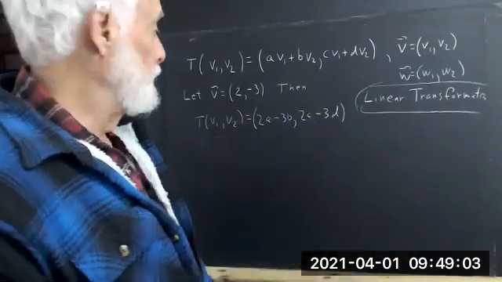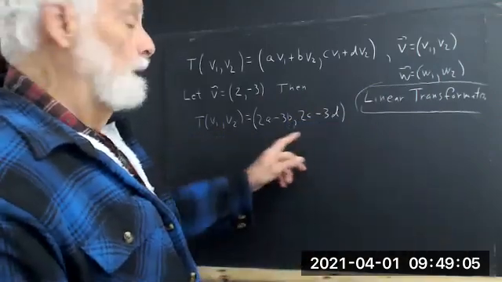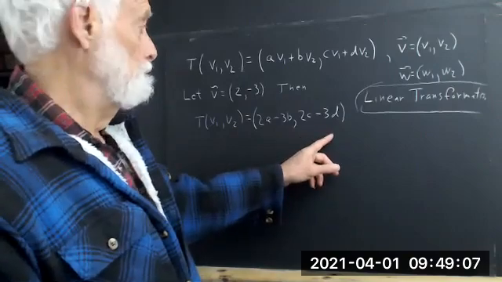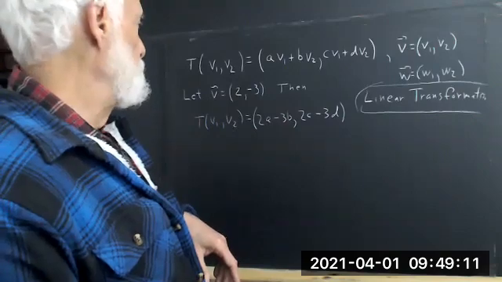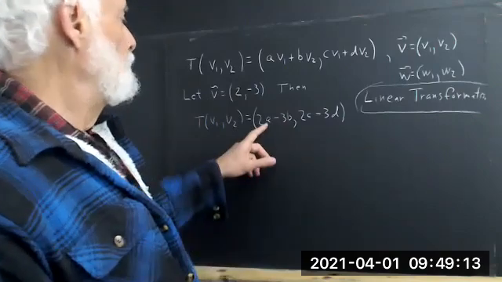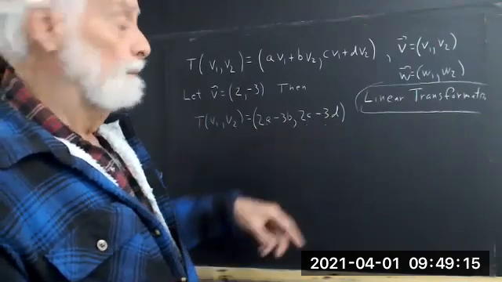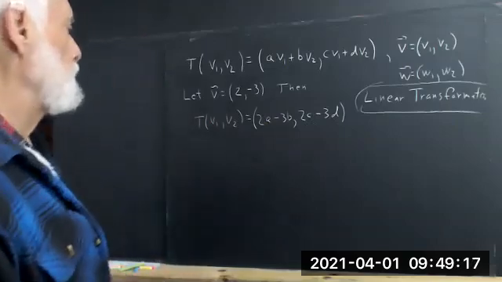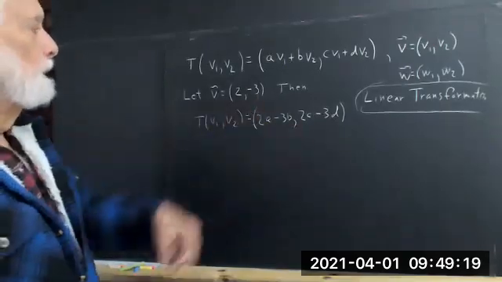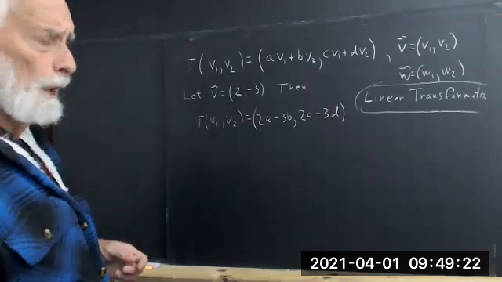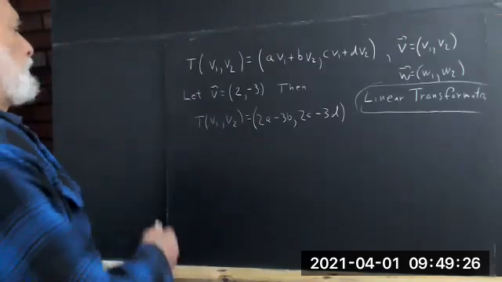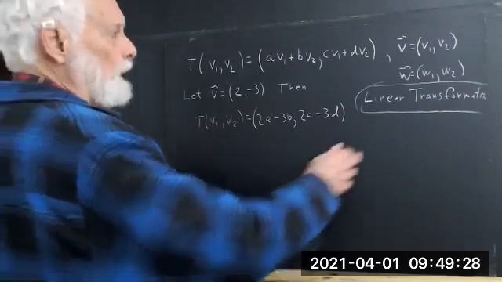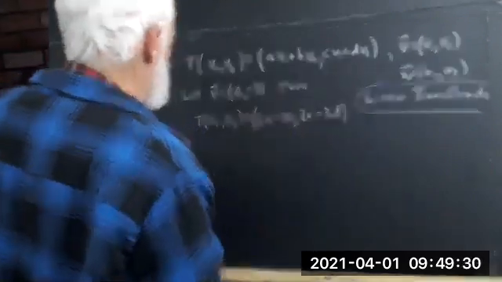I have two simultaneous equations, and I can easily solve those equations if I know my numbers A, B, C, and D, or I can determine numbers A, B, C, and D that'll give me that result. I'm going to get to that. That's the purpose of our W vector.